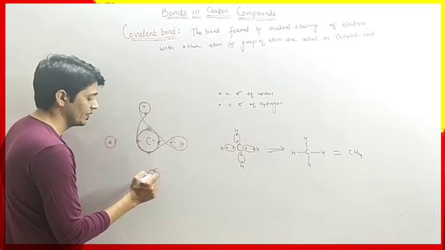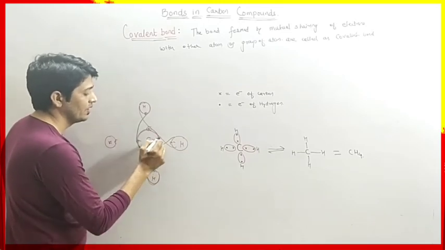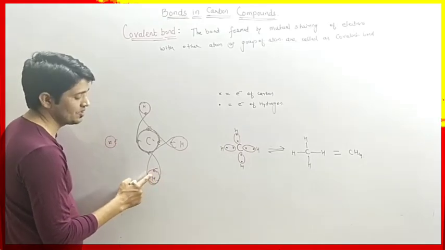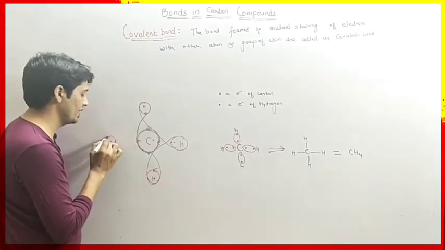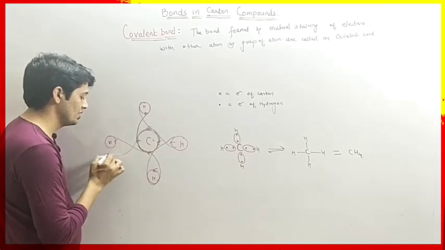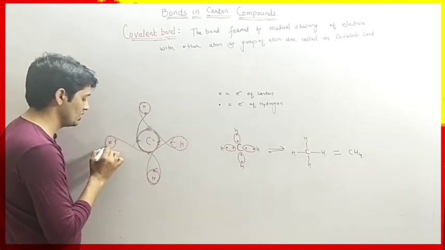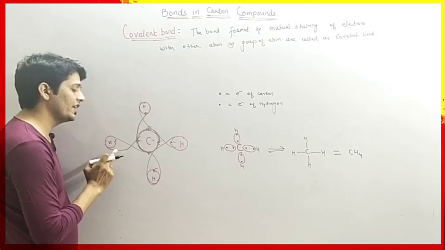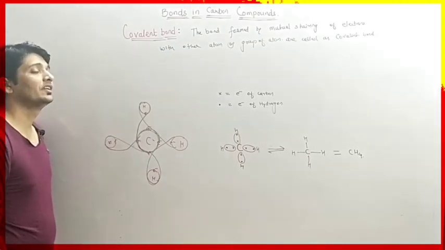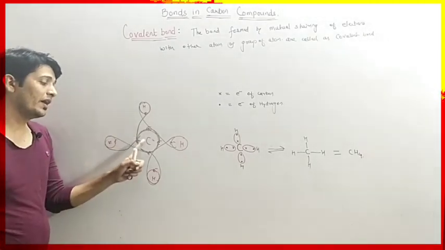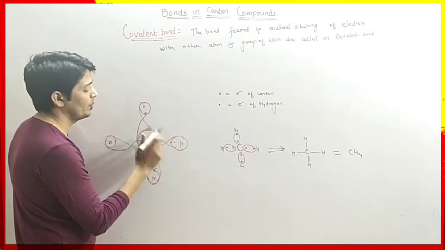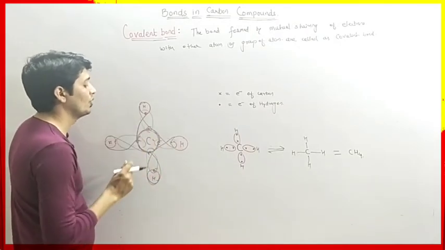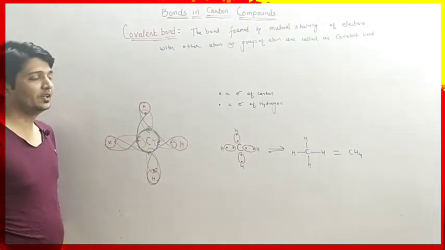Here also the electron of hydrogen revolves in its own shell as well as in the outermost shell of carbon. Okay, so likewise electrons of hydrogen and carbon revolve in their own shell as well as in the outermost shell of the other atom. By which they are sharing 4 pairs of electrons here, 1, 2, 3 and 4, to form 4 covalent bonds.